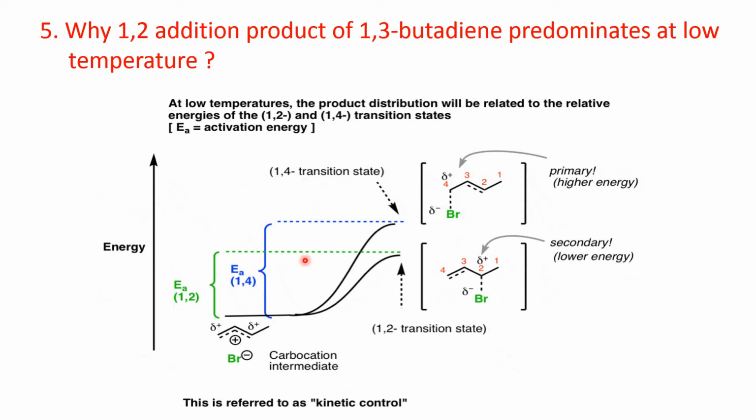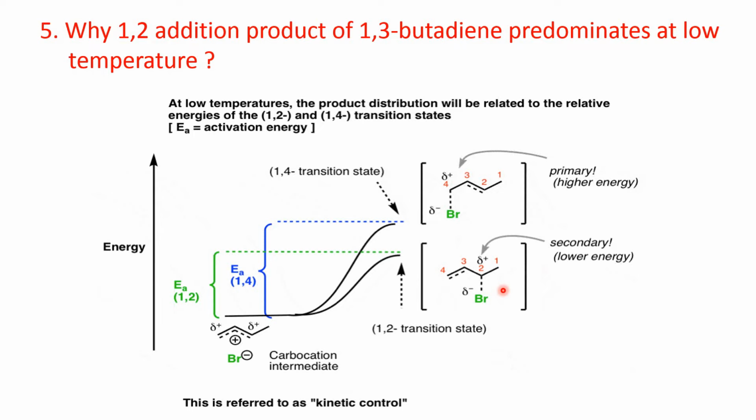So after protonation, this carbocation has formed. The carbocation is the resonance hybrid of these 2 structures, and this one, that means the carbocation which can lead to the 1,2 product, will be the more stable one, that means less energy.